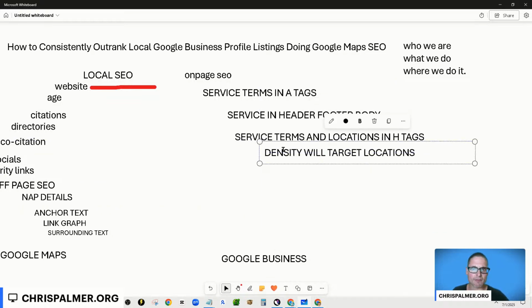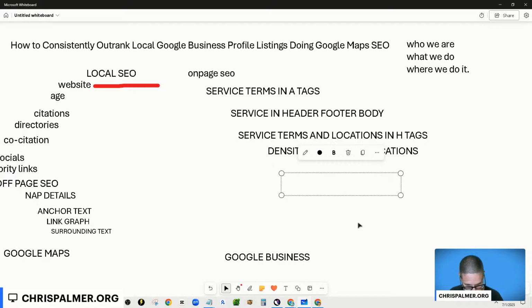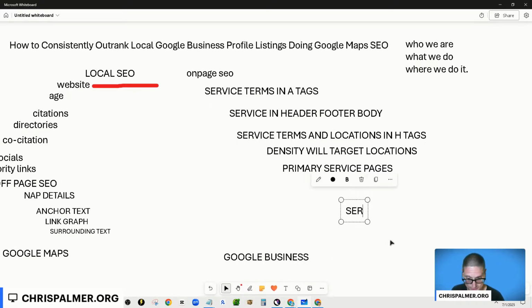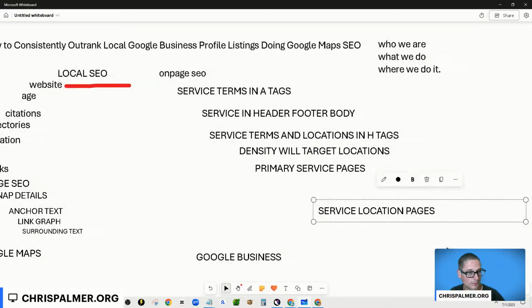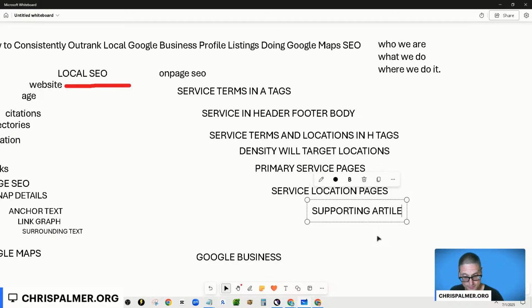So what are you going to have? What else goes into your on page? Well, you're going to have primary service pages, right? You're going to have service location pages, right? Okay. You're going to have supporting articles to support services, right?